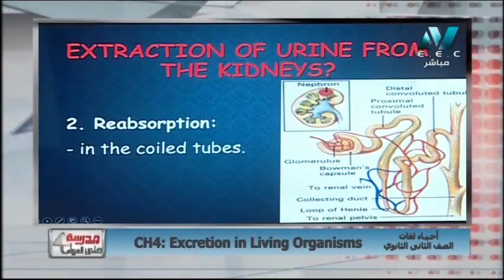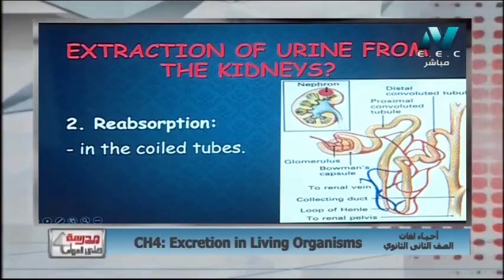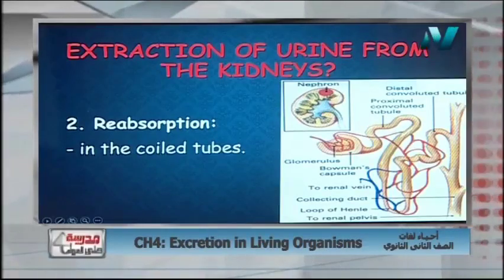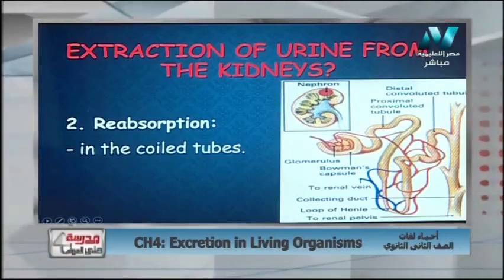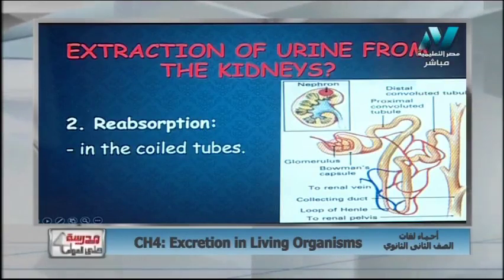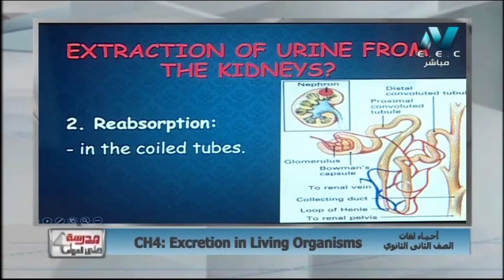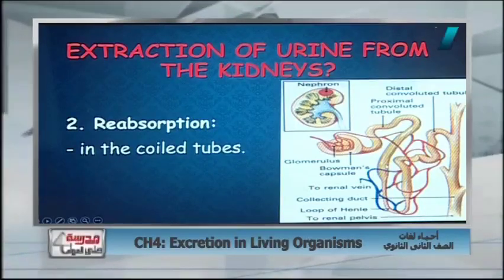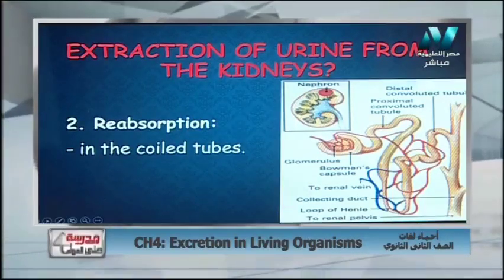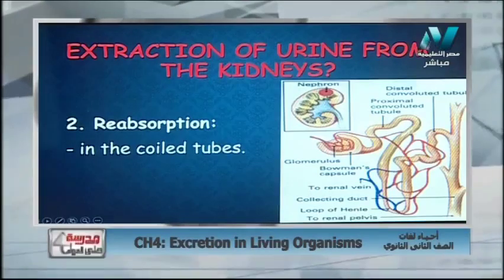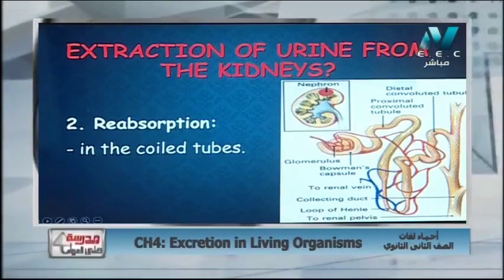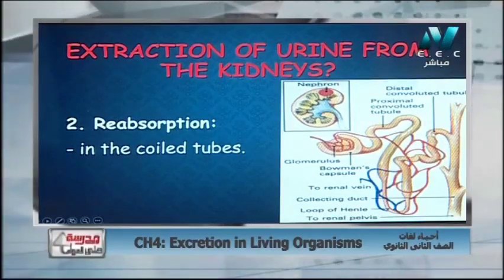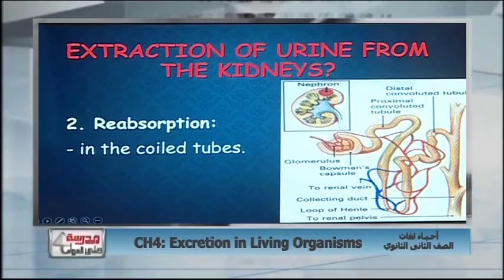As you see, the coiled tubes are surrounded with a network of blood capillaries also. So during the passage of blood in these blood capillaries around the tubules, it reabsorbs, as we said, the required amounts of water and salts. The rest of materials that remain inside the coiled tube is the urine.